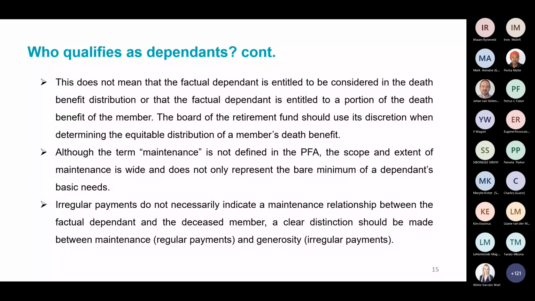It's also important to note that with factual dependence, it can't merely be once-off payments or irregular payments that establish that factual dependency. Irregular payments don't necessarily indicate a maintenance relationship between the factual dependent and the deceased member. A clear distinction should be made between maintenance, which is regular payments, and generosity, irregular payments.